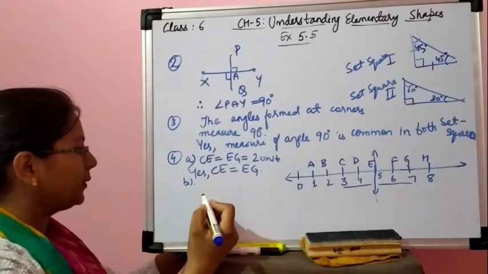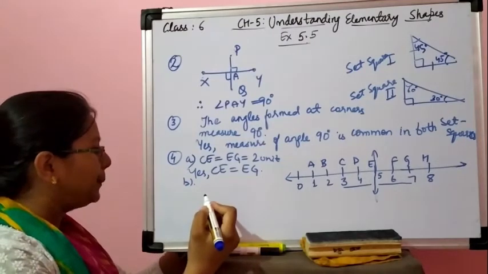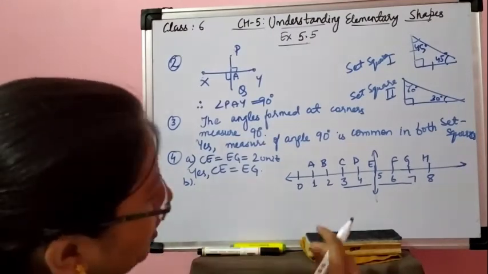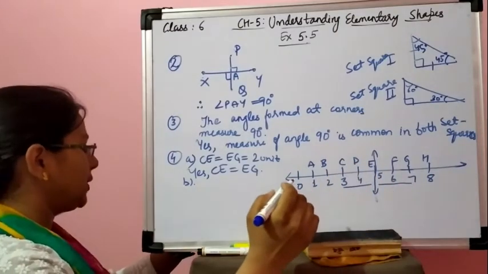Now in the B part, does PE bisect CG? Where is PE?